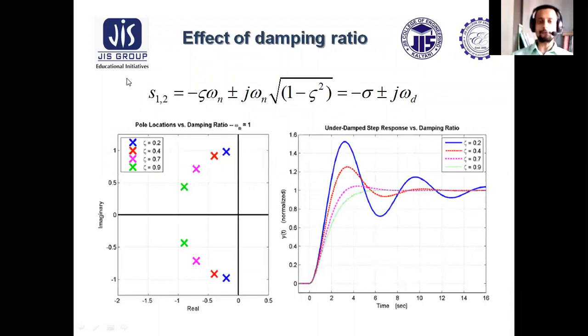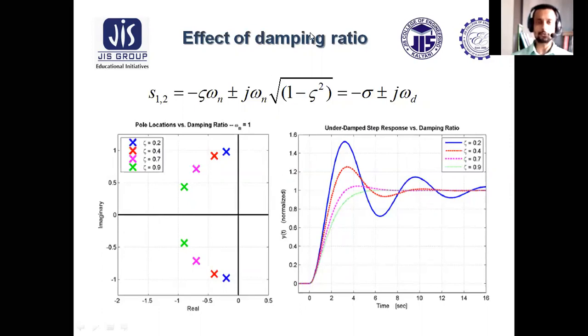Now, what is the effect of damping ratio on system response? See, this is the pole location of a system. We have studied how, depending on the zeta value, pole location differs. So let us consider different zeta values: 0.2, 0.4, 0.6, 0.7, 0.9. When zeta is 0.2, that is shown by blue.